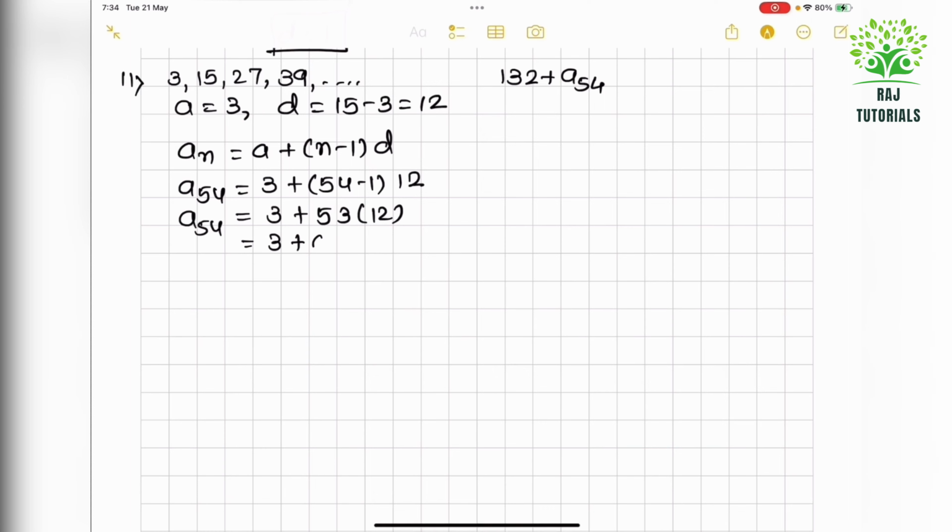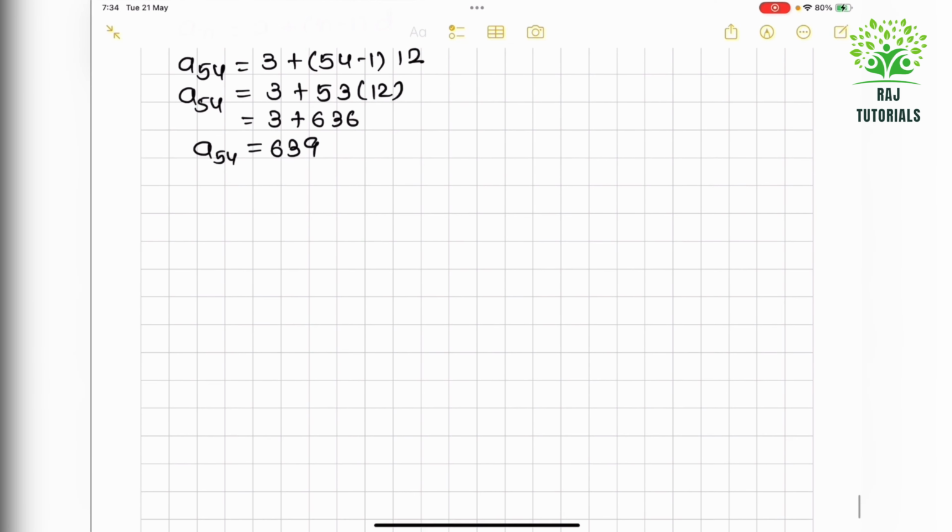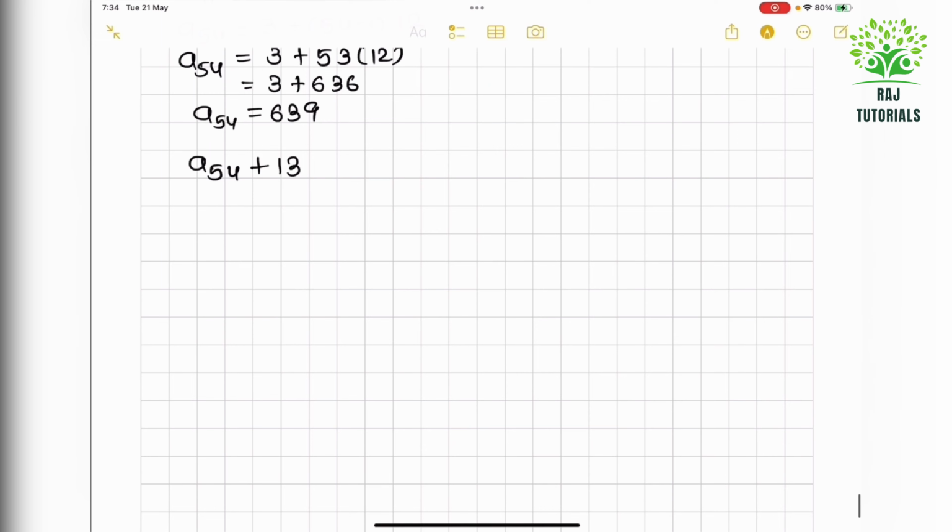So that will be 3 plus 636. So 639. So I got A54 equal to 639. 132 more will be equal to 639 plus 132. So that is 771. Now he is asking which term this will be.